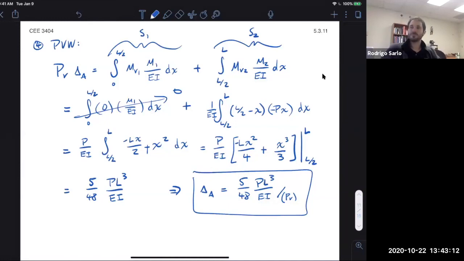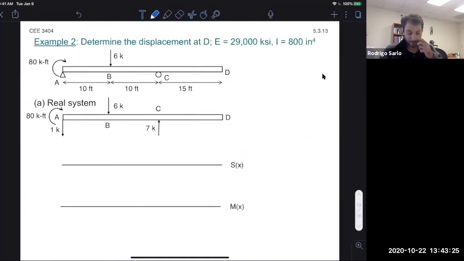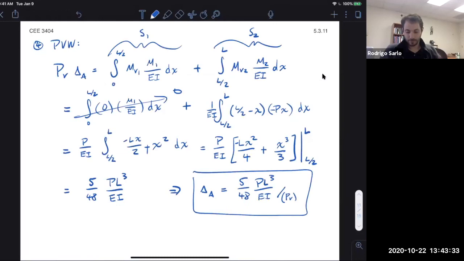All right, so that's all we'll cover for today. The next two examples would be finishing this example and doing another example where we'll actually use the tables instead. But those we'll do interactively in next Thursday's class. Okay, so I'll publish another video lecture on applying this to frames, which means that we also have to take into account axial deformations.